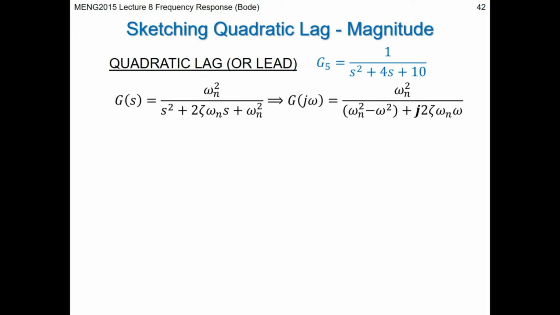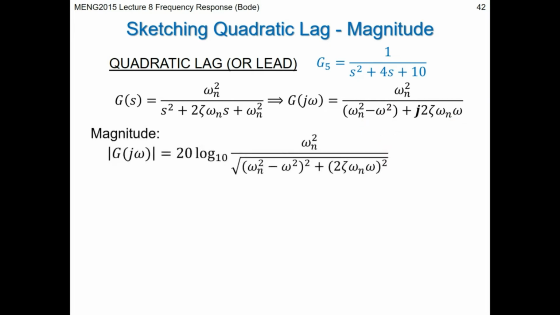Right, so we said before, if we want to calculate the magnitude, then we're going to have to take the magnitude of the numerator and divide by the magnitude of the denominator. The magnitude of the numerator, that's straightforward. There's no imaginary part, so it's just going to be omega n squared, divided by the imaginary part squared and the real part squared, and then take the square root of that.